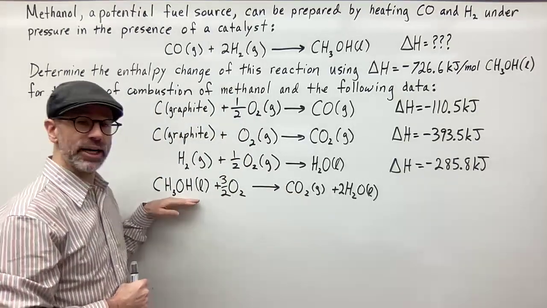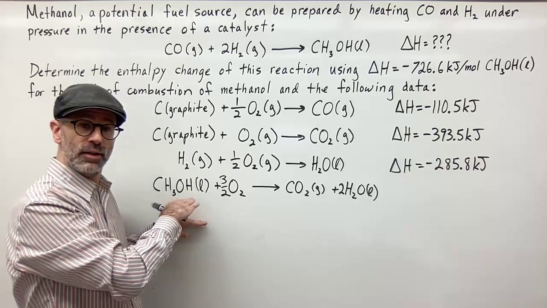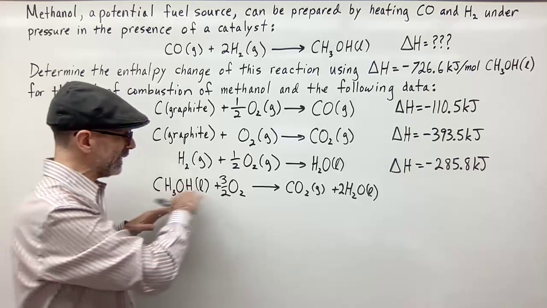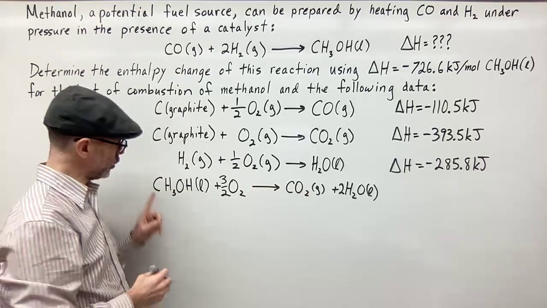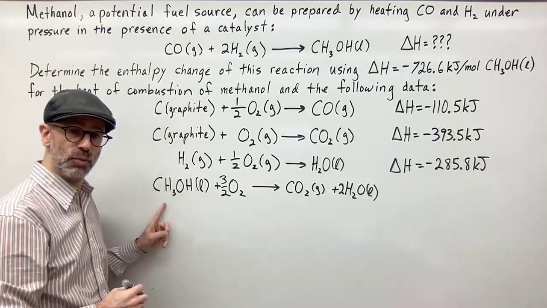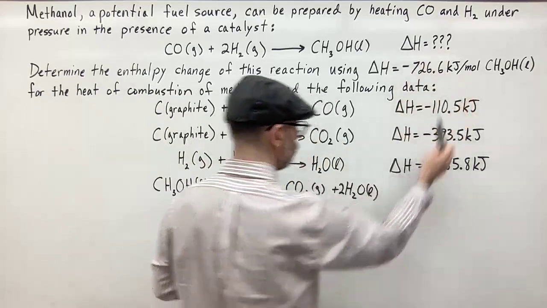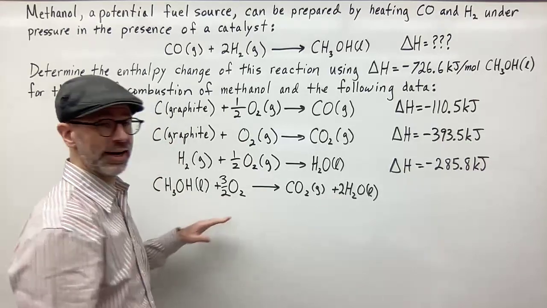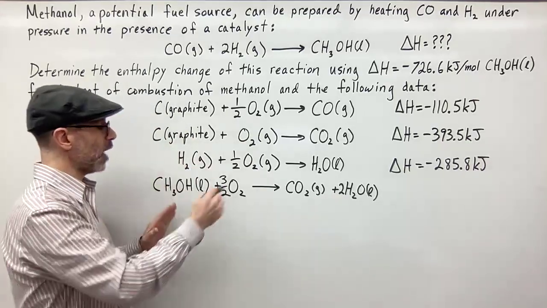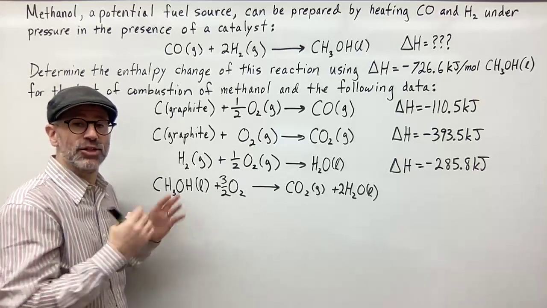Right now, our equation has 1 mole of methanol. If we were to multiply this by 2, we would end up with 2 moles, and we would have to multiply this by 2 to get this equation. But when we do our process here, we're going to end up dividing this equation by 2 anyway, so it doesn't really matter.